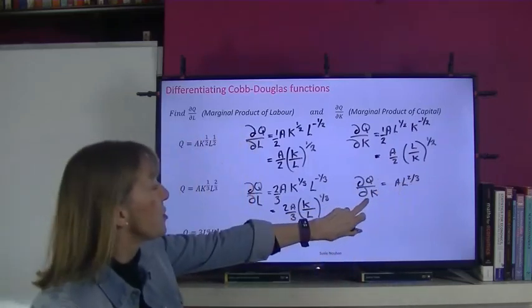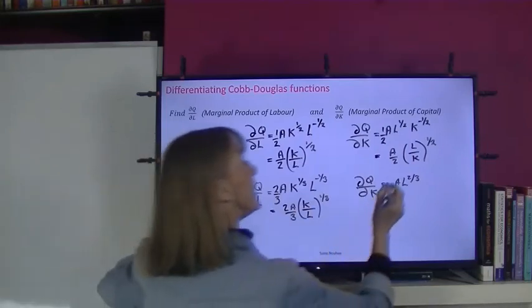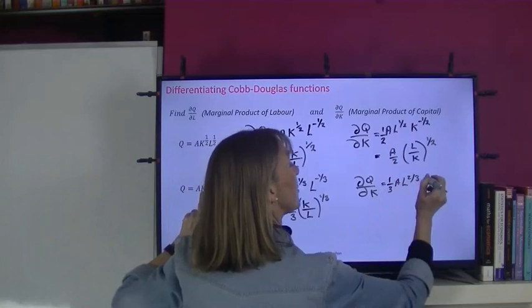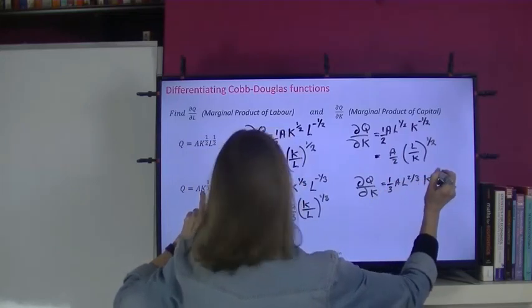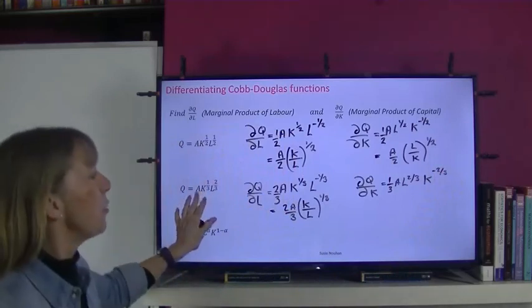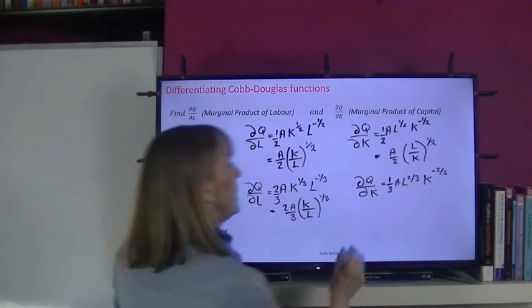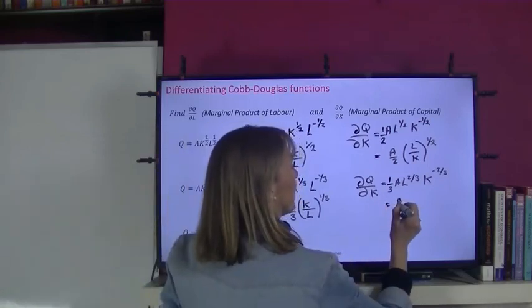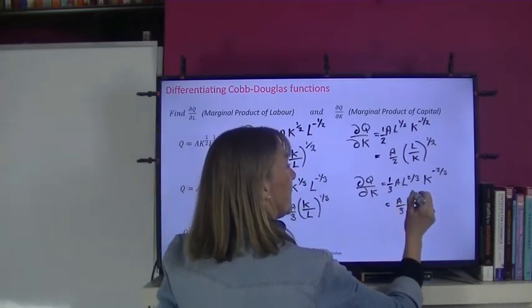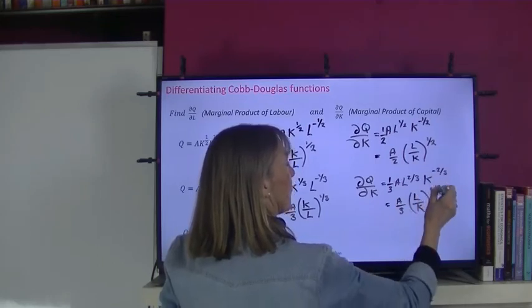But now I'm differentiating with respect to K. K's got a power of 1/3, so I need to multiply by the power of 1/3 and drop its power by 1. See, the order doesn't matter. I've now put K at the end, but it doesn't matter at all. And hopefully you can see that that's going to be A over 3 L over K to the 2/3.